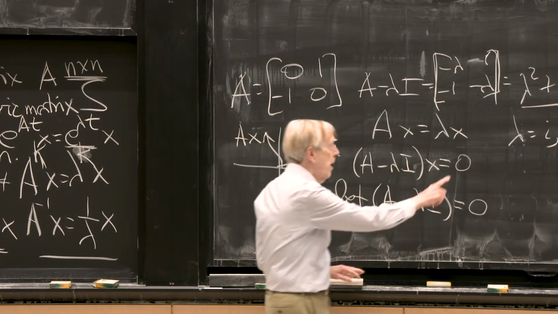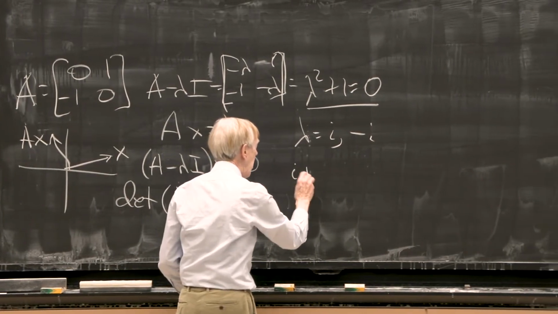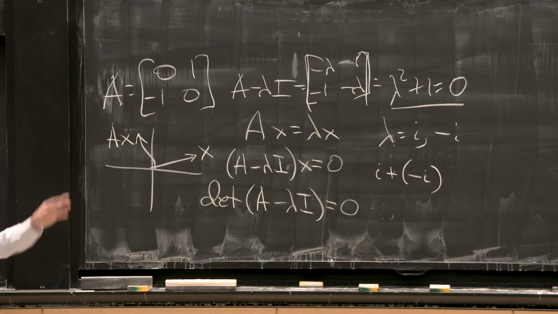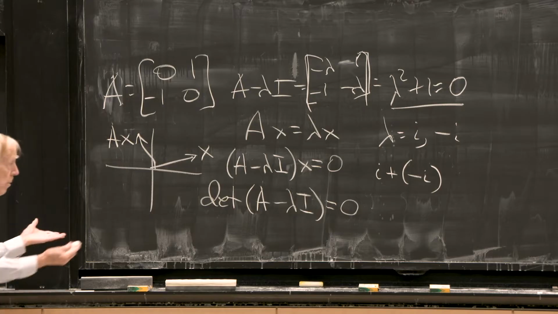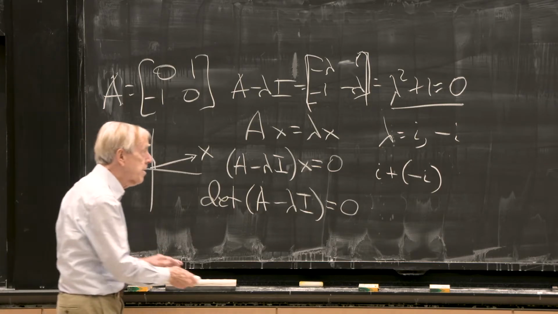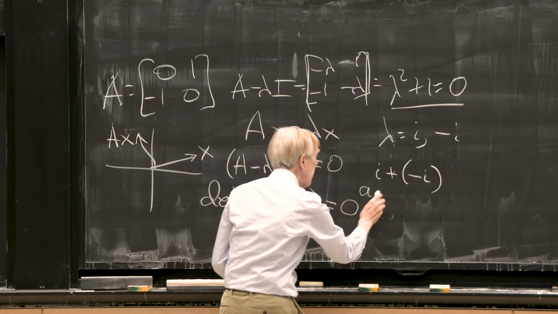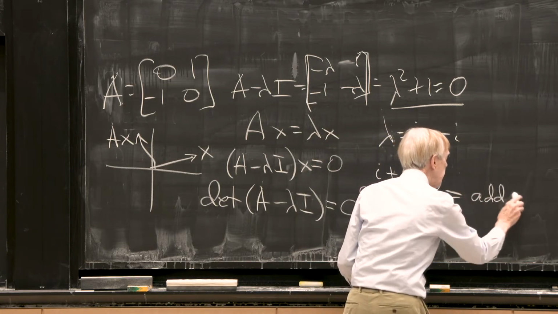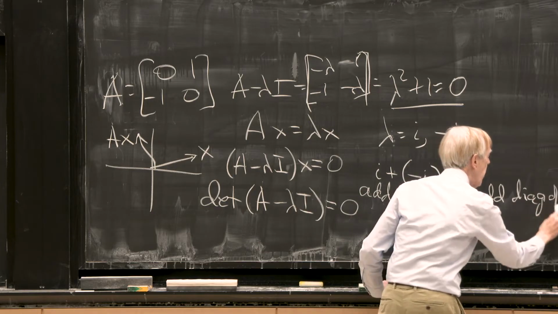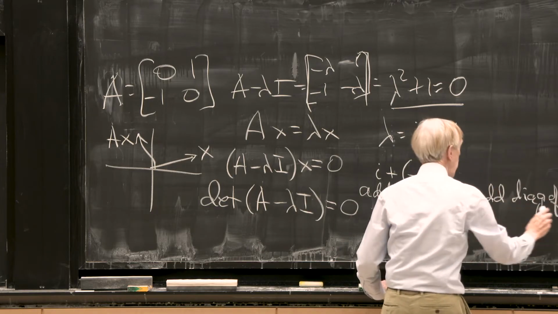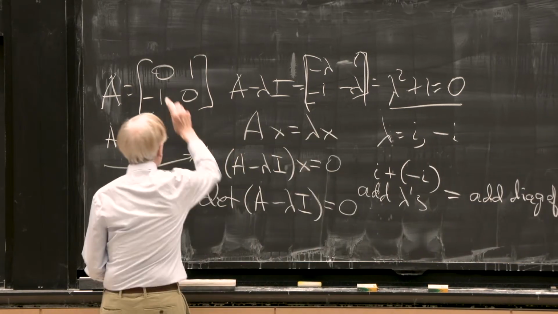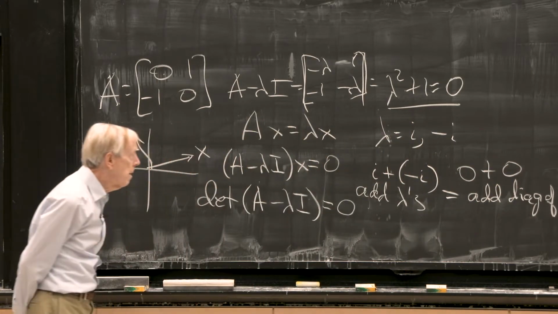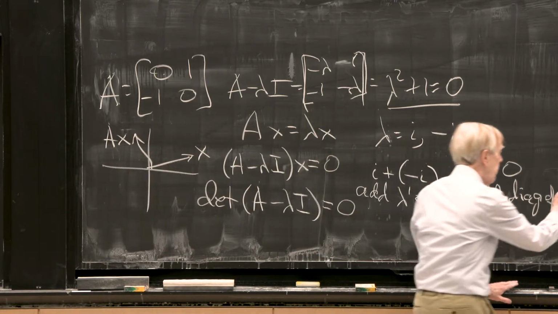If I add up the 2 eigenvalues for any matrix, and I'm going to do it for this one, I get the same answer as adding the diagonal of the matrix, which I'm calling A. So if I add the diagonal, I get 0 and 0, so it's 0 plus 0. And this number, adding the diagonal, is called the trace.